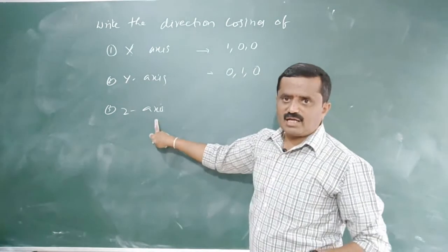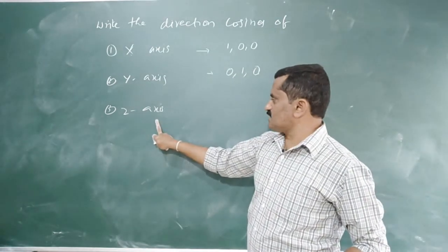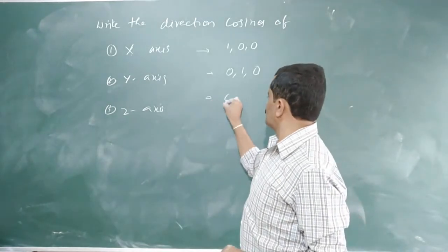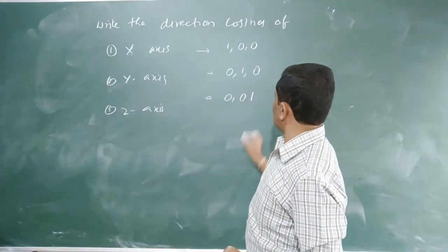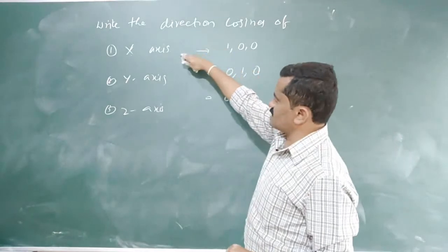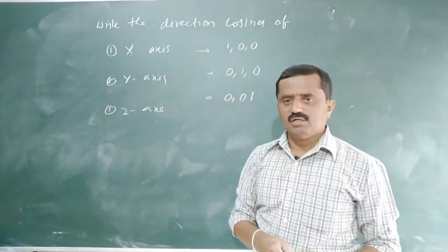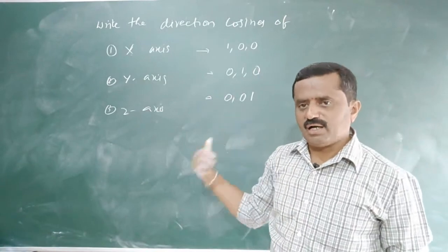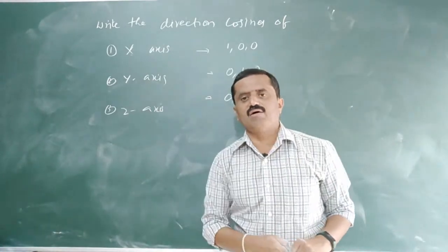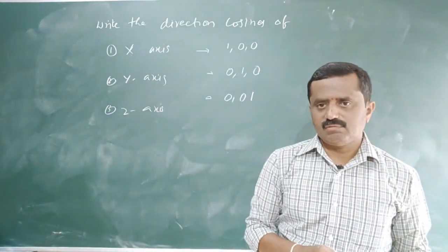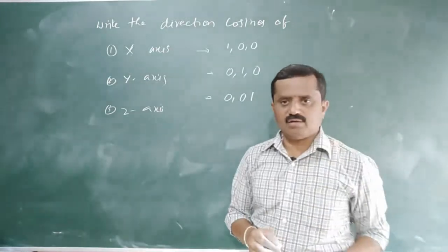And the direction cosines of the z-axis are 0, 0, 1.